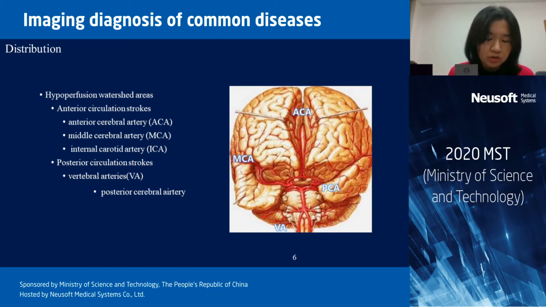Posterior circulation strokes, on the other hand, involve regions supplied by the vertebral arteries and represent 25% of all strokes.